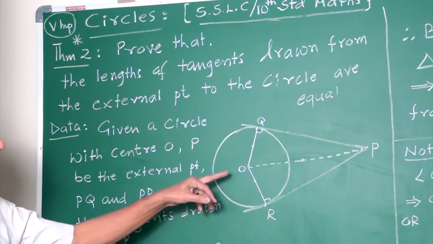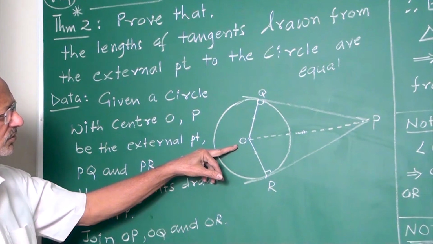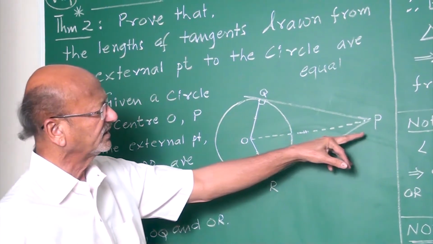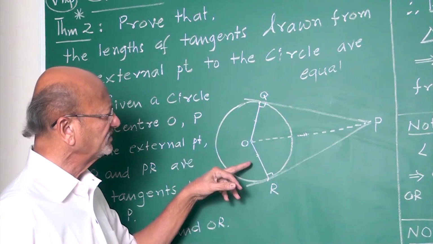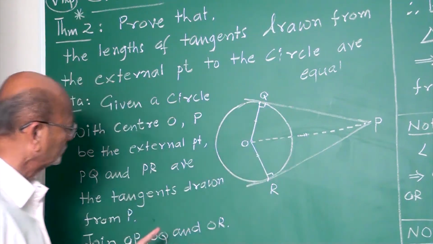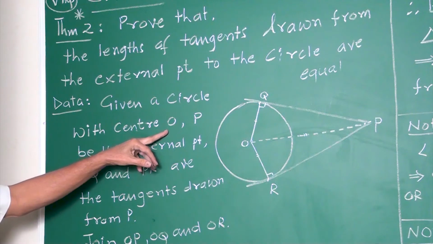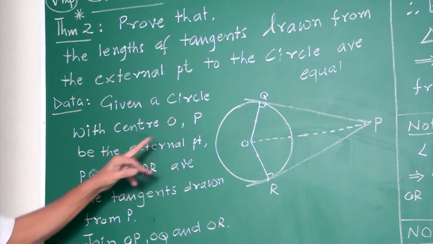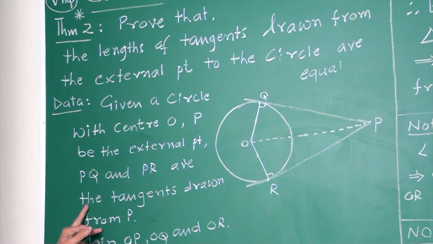My friends, this is the figure. It is a given circle with center O. P is the external point. PQ and PR are the tangents to the circle. Given a circle with center at O, P be the external point, PQ and PR are the tangents drawn from P to the circle.